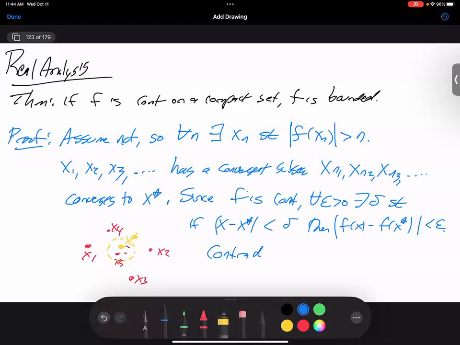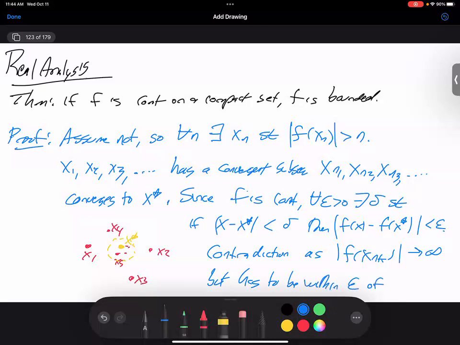Contradiction, as the absolute value of f of x_{n_k} goes to infinity, but has to be within epsilon of f of x star. Yes.